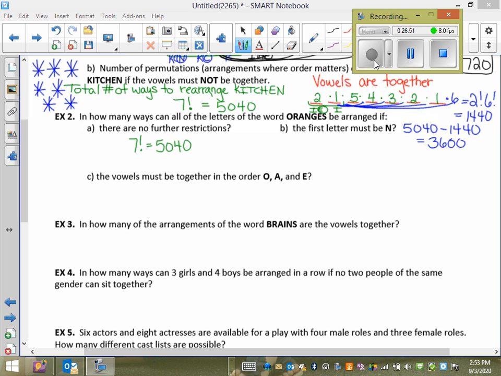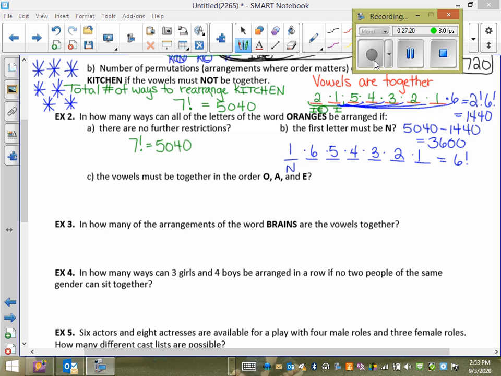Because you would just put 7, then 6, then 5, then 4, then 3, then 2, then 1, then blast off, so we have 7 factorial, right? The first letter must be an N. So this one has to be an N, so I have 1. Then I have how many left? 6, 5, 4, 3, 2, 1. Which is 6 factorial.